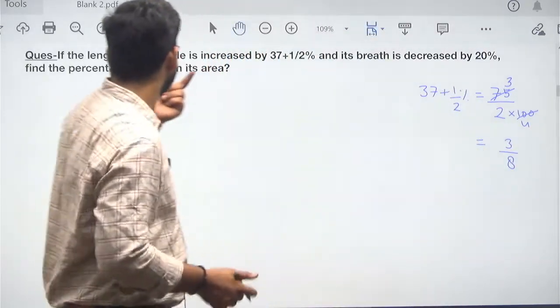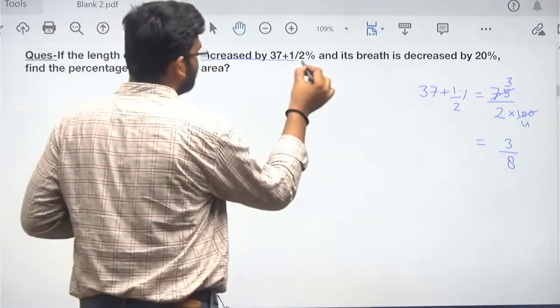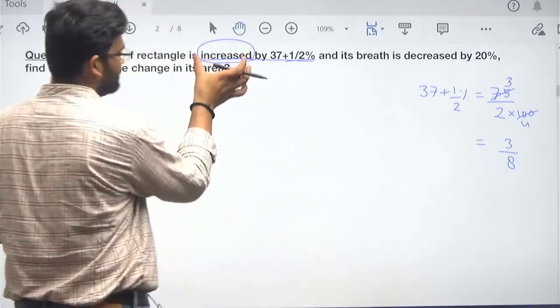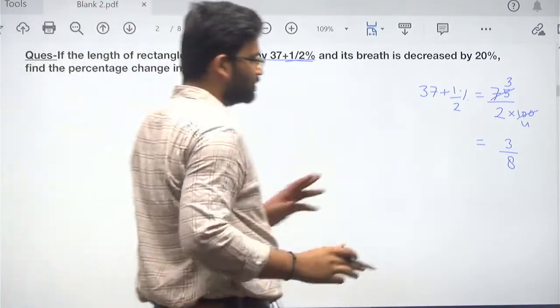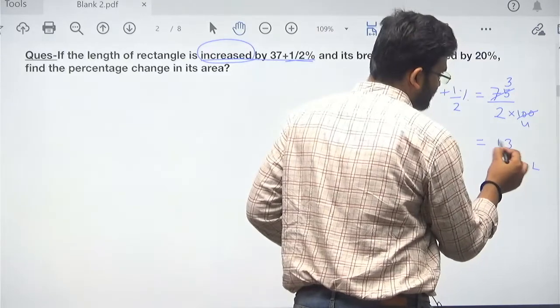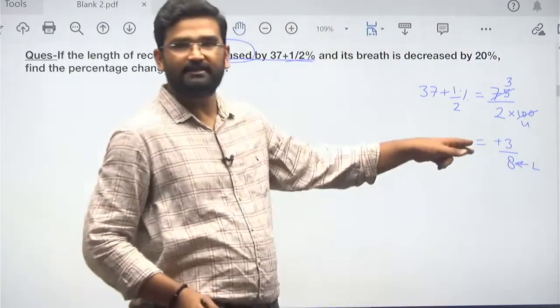And since see here it is increased by this much, always focus on whether it is increased or decreased. Since here the length is increased, so this was the original length and the new length is increased by 3.